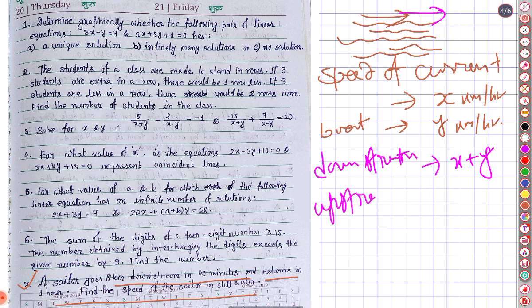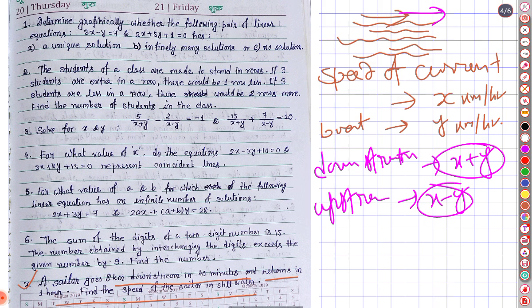These two cases you have to be very clear. In that case, resultant speed will be x minus y. We will not say velocity. Velocity means a particular direction, with no change of direction, but here every time the direction is changing. So downstream is x plus y kilometer per hour, upstream x minus y. Okay, it is very clear.